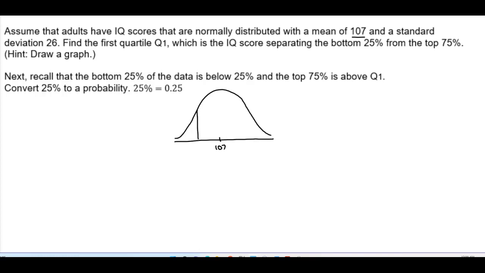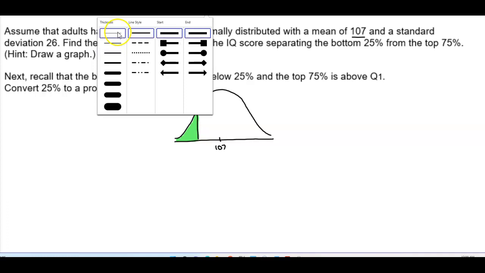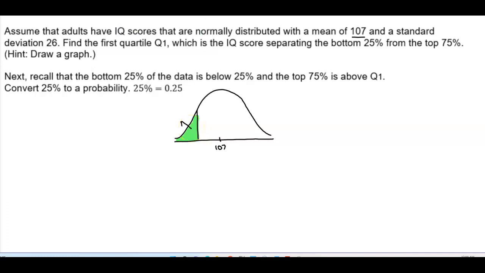So the shaded area that we're looking for represents 0.25, and what we're looking for is the x value here. And this area here represents the top, which would actually be 0.75.